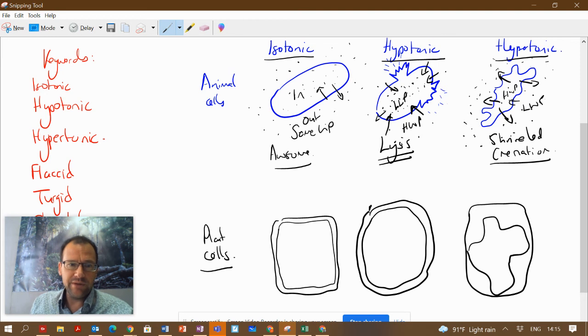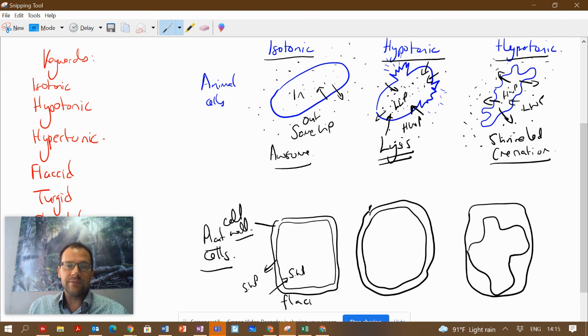All right, stick with me. Plant cells are a bit different because we have the presence of the cell wall here, which is kind of like a porous cage, if you like. It holds the cell in place. So in an isotonic solution, the membrane's pressed against here, but not with any pressure, because we have the same water potential both inside and out. So we have water moving in, water moving out.